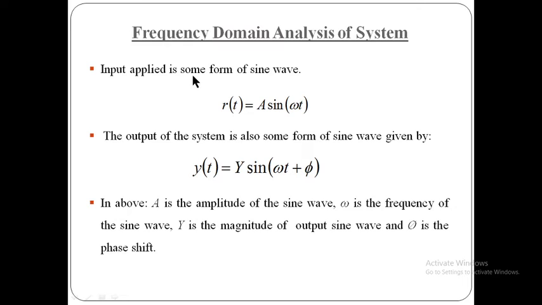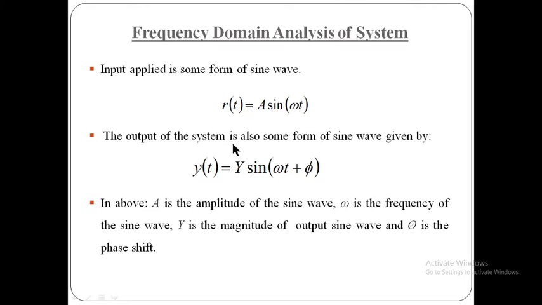Then here it is simply a frequency domain analysis of a system. The input applied is in sinusoidal form: r of t equals A sine of omega t, and the output we get is y of t equals Y sine of omega t plus phi. Here phi is the phase change. Omega is the frequency of the sine wave, Y is the magnitude of the output, and phi is the phase shift.